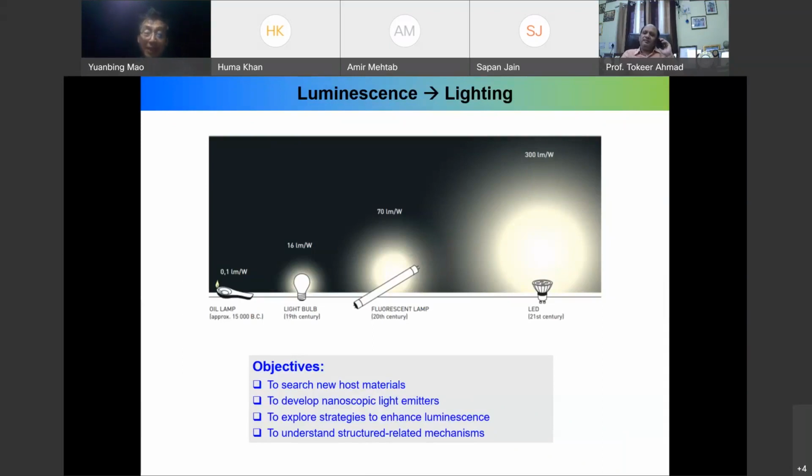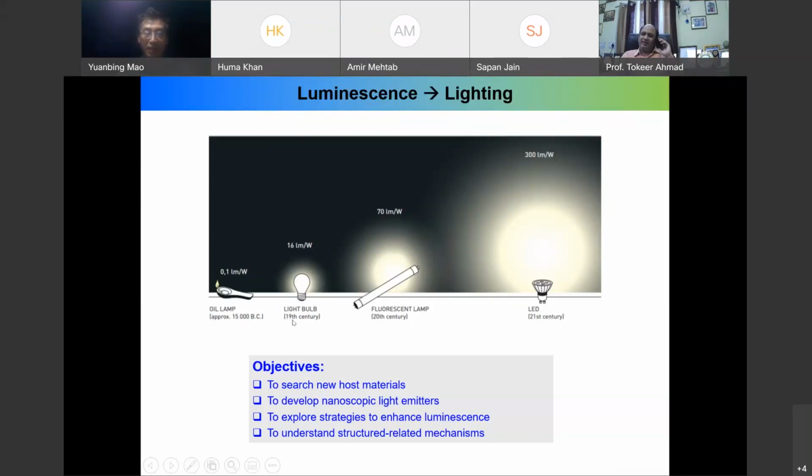So this slide shows how this developed in our human history. The first one, of course, 1,000 years ago, people started using oil lamps, but those oil lamps gave very little light.